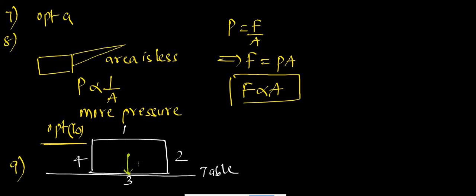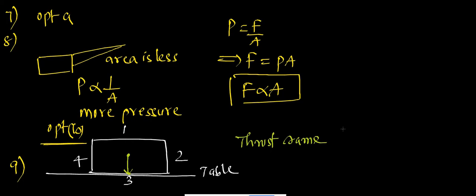So weight of the body is same though you keep different faces on the table. First time first face on the table, next time second face, next time third face. Though you change the sides of the block, same mass is there for the block. So thrust will be same, force will be same, and same pressure? Option A is wrong.